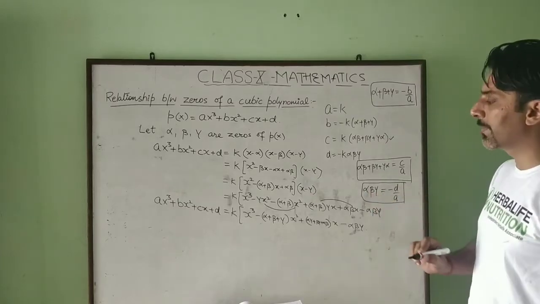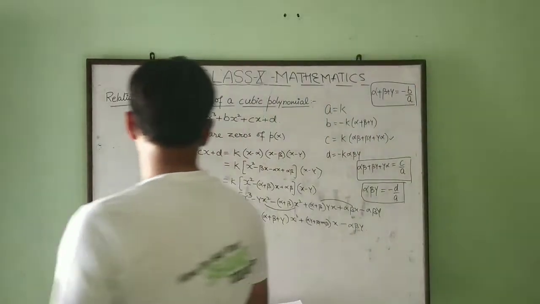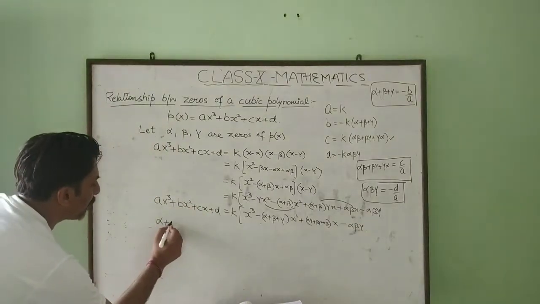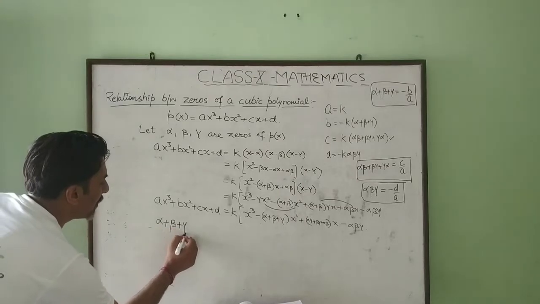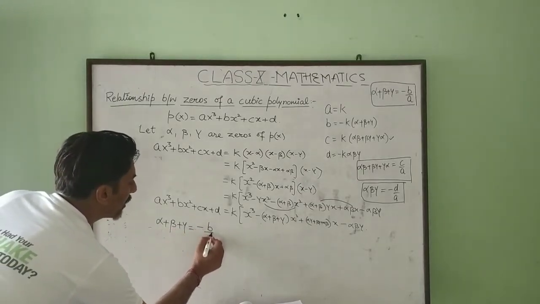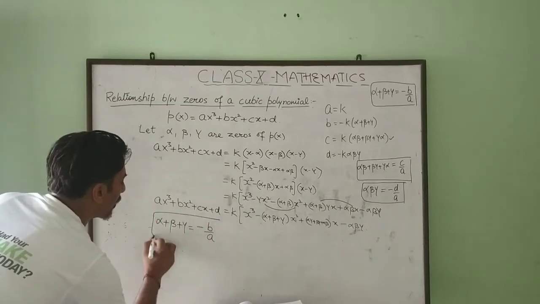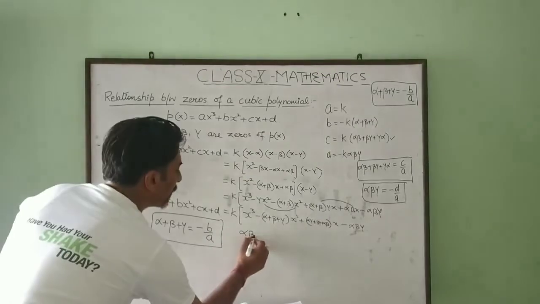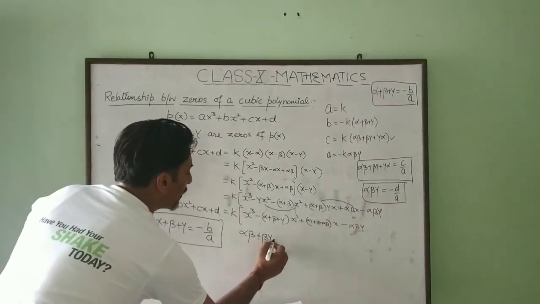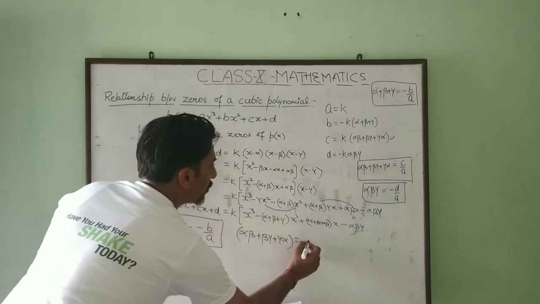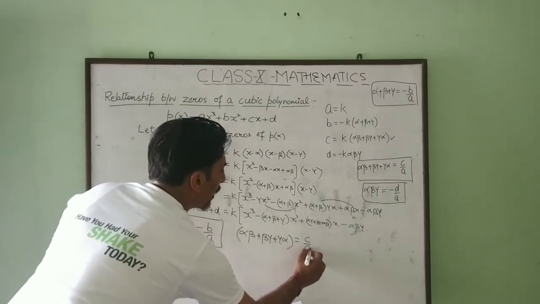So the relationship between the zeros of a cubic polynomial: alpha plus beta plus gamma equals minus b upon a. Fine. Then alpha beta plus beta gamma plus gamma alpha equals c upon a.